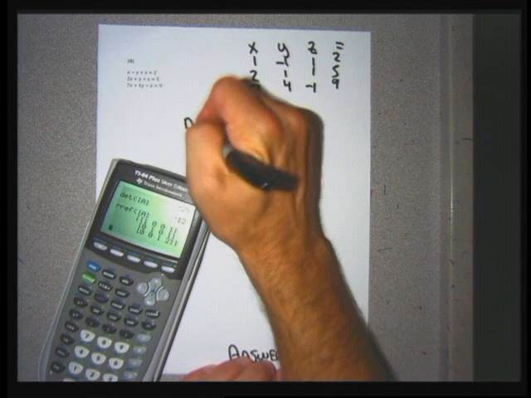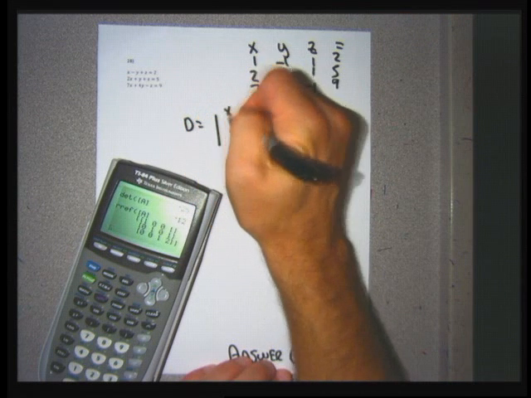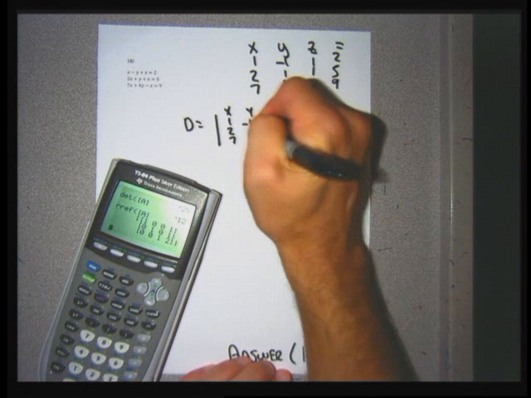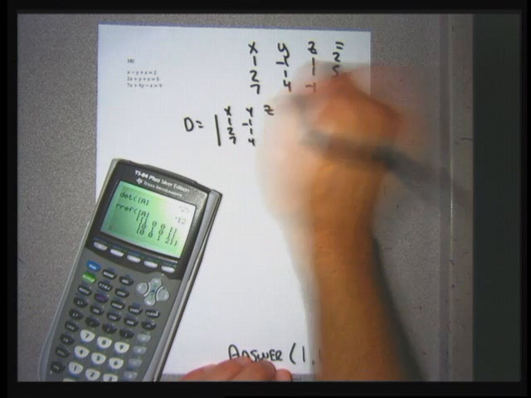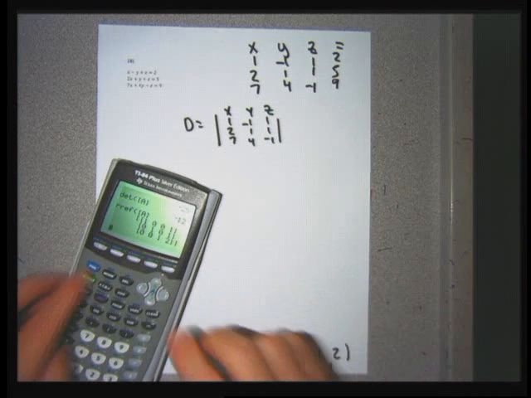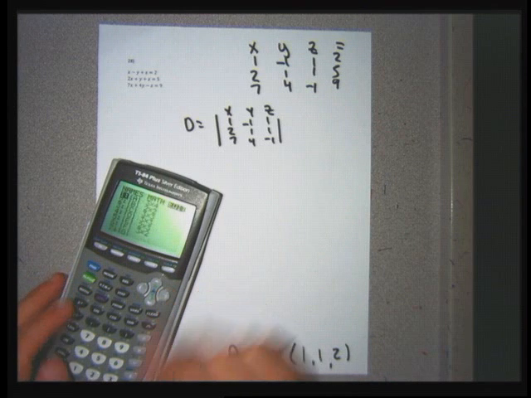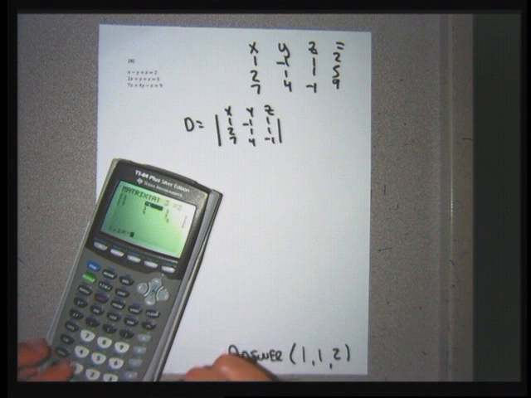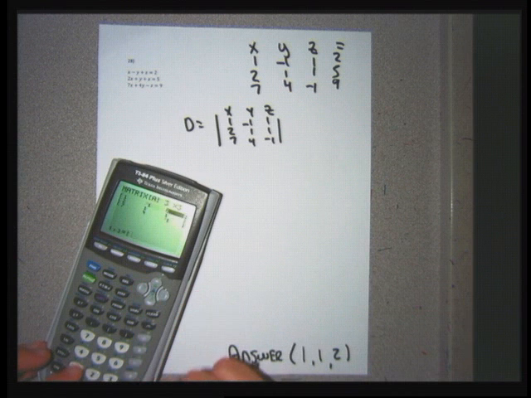First thing I do is the D, which has the x column, 1, 2, and 7. The y column, negative 1, 1, and 4. The z column, 1, 1, and negative 1. I'm going to enter that and do the determinant. So second matrix, edit, that's a 3 by 3. 1, negative 1, 1, 2, 1, 1, 7, 4, negative 1.